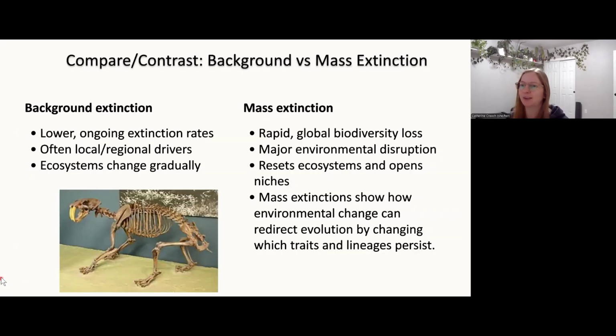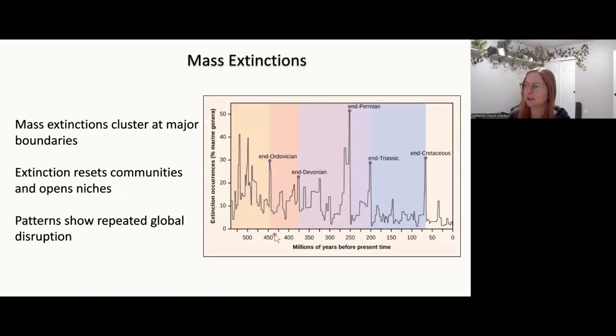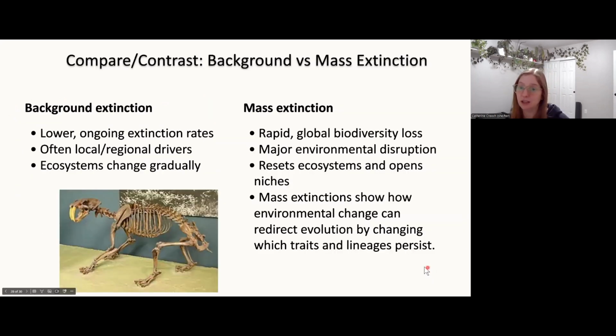But let's talk about the difference between mass extinction and background extinction. So background extinction are lower rates of extinction that happen all the time. If we go back to this graph and we put a trend line, this would be the background extinction rate. So just the trend of how often something goes extinct without it being a catastrophic event.